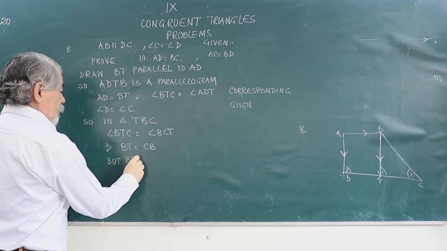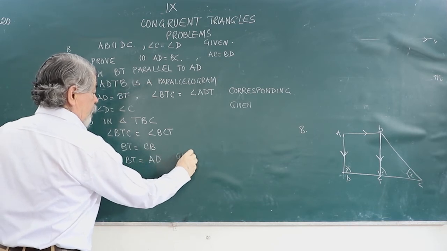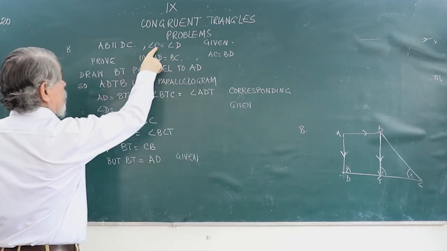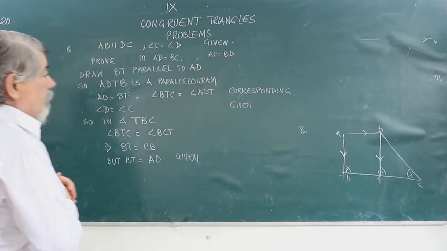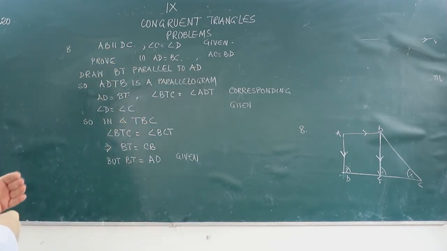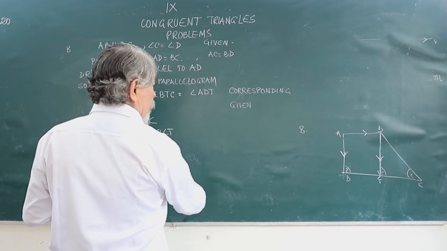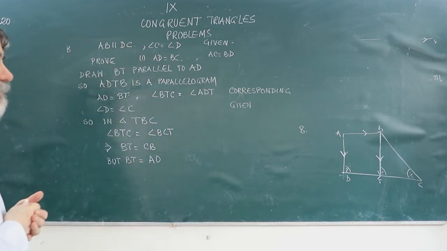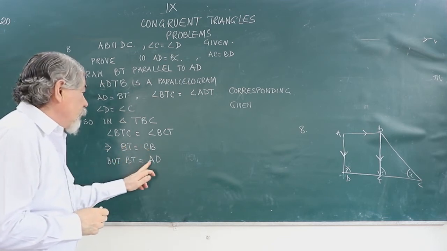We have proved BT and AD are equal, opposite sides of parallelogram. That means BT is equal to CB, BT is equal to AD.